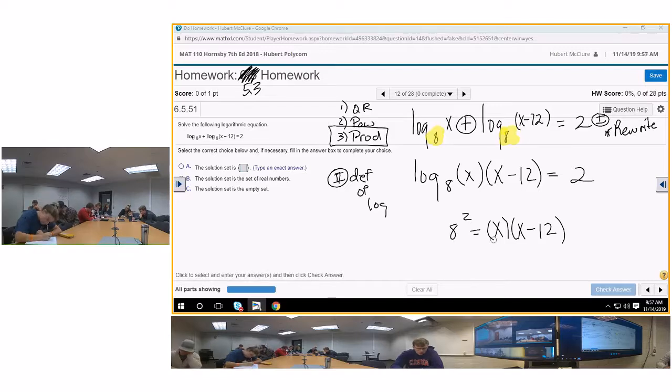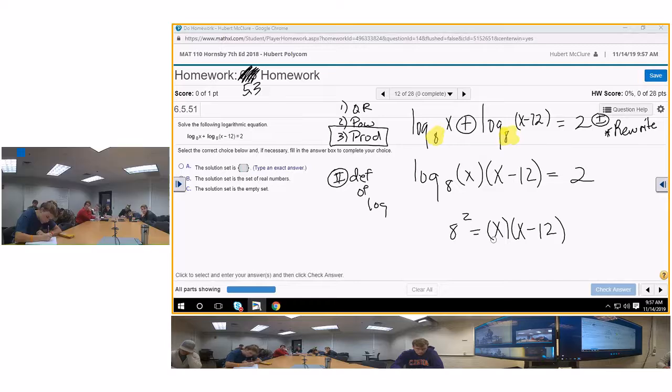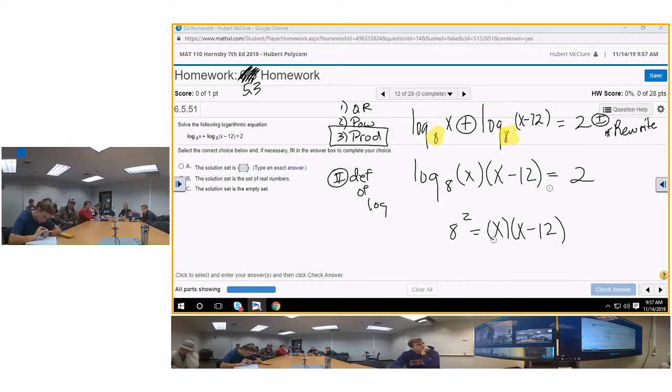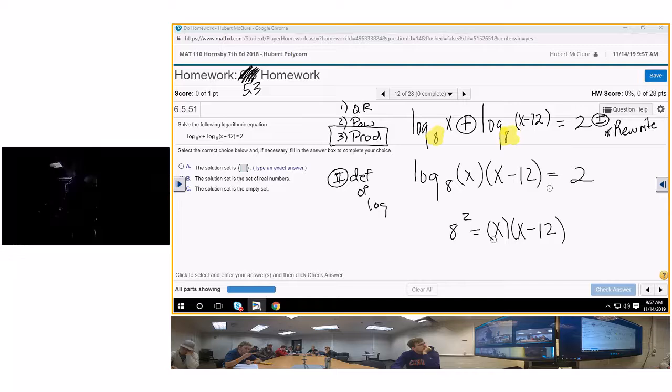Do y'all not remember rewriting a plus or minus as a multiplication or division? Did we not do that? No, we have not done that. I don't think so. Unless I'm mixing y'all up with the other class. Go back to the first day. I gave y'all the exponential rules, and I gave y'all the logarithmic rules.